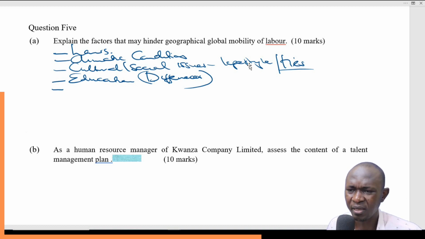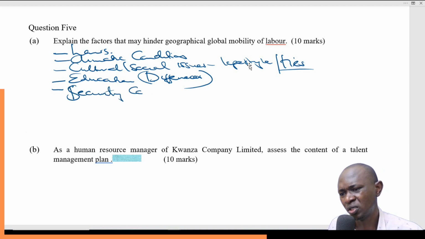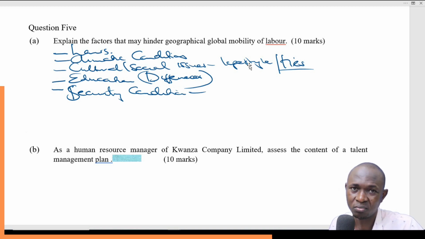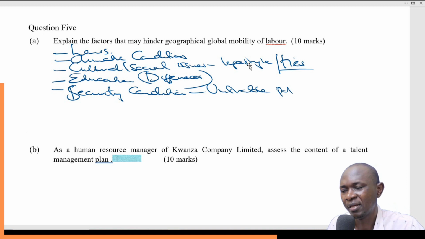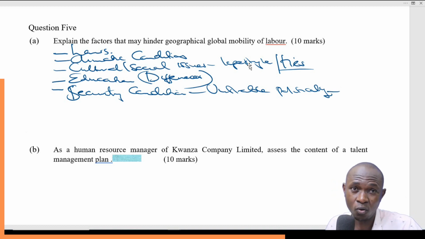Then we also have the security condition. There are countries which, of course, are unstable politically. Like now there's a war between Israel and Palestine.